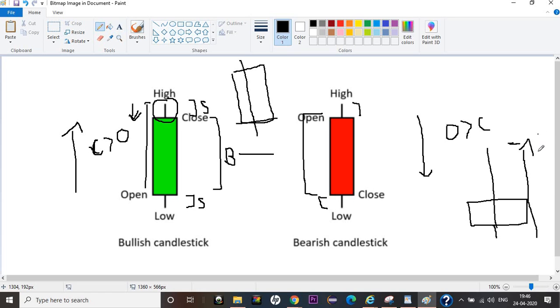But the seller came in and pushed the price lower. So by the end of this candlestick, the seller got the control, and there's a very high probability that the next candle is going to open lower, or be a negative candle.